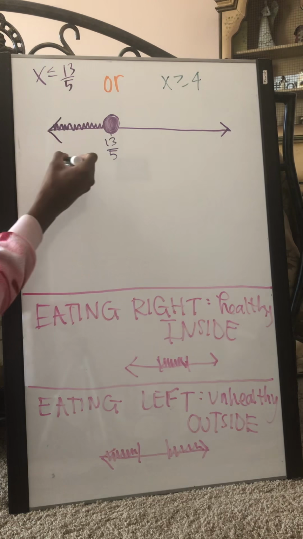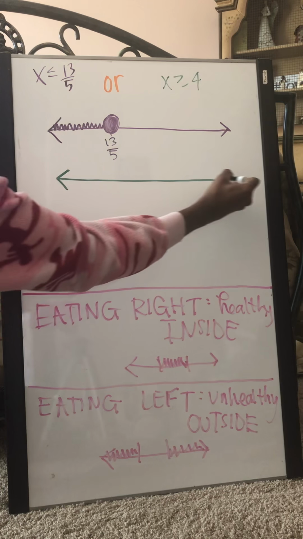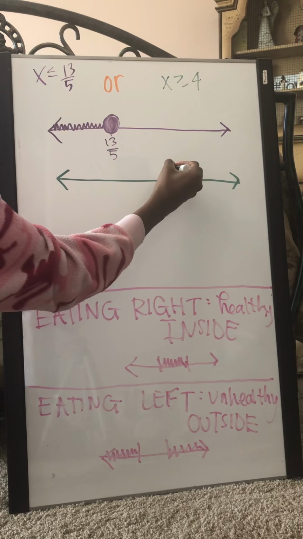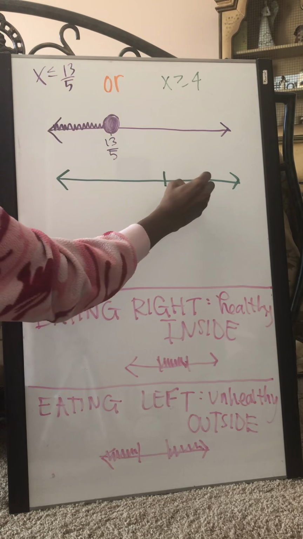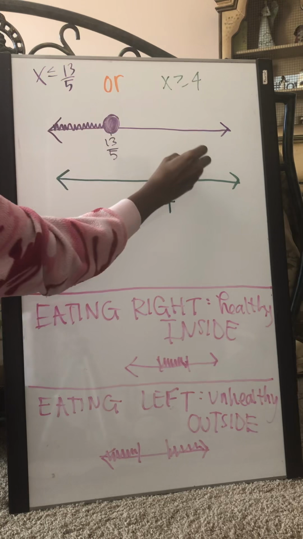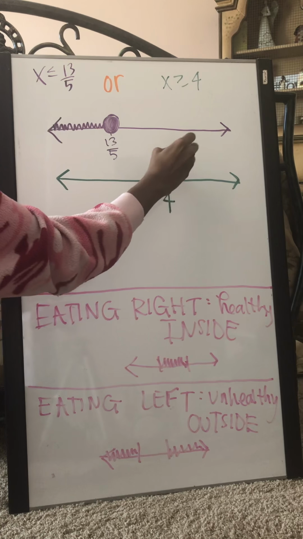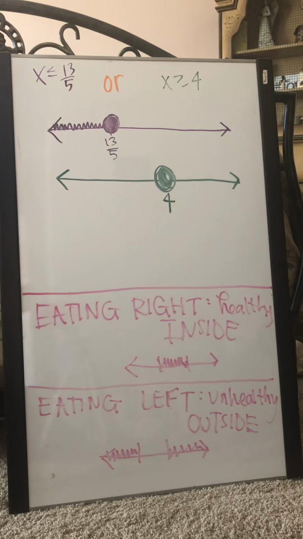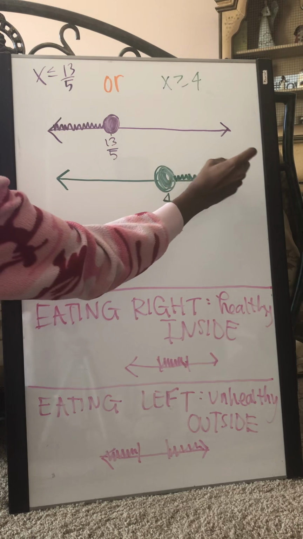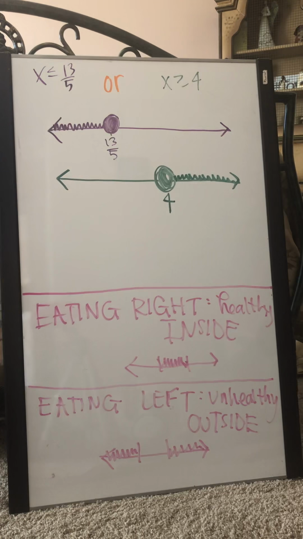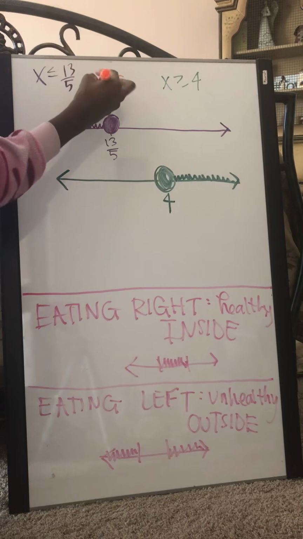Next, we have our green one. Again, 4 is going to be greater than 13 over 5. So we have our 4, and we have a closed circle because there's a line, and it says greater than or equal to 4, so we shade to the right. Because it says or, we want both of them, okay?